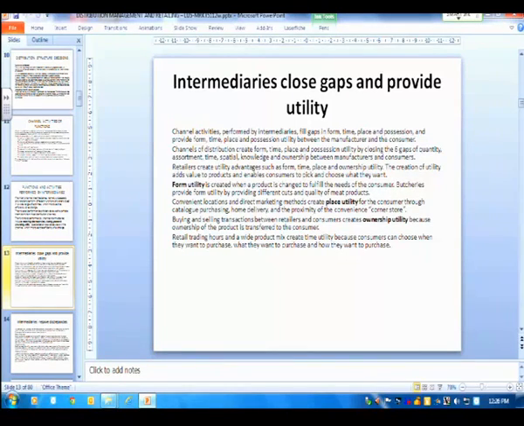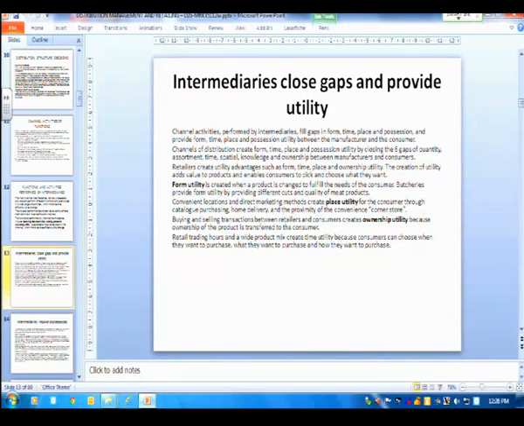Channels of distribution create form, time, place, and possession utility by closing the six gaps of quantity, assortment, time, spatial, knowledge, and ownership between manufacturers and consumers.